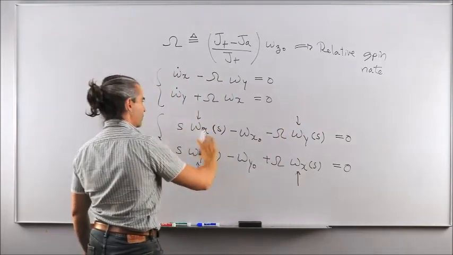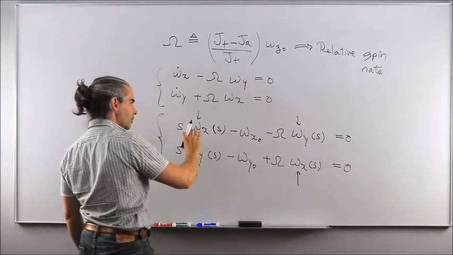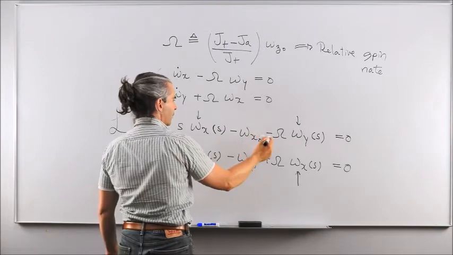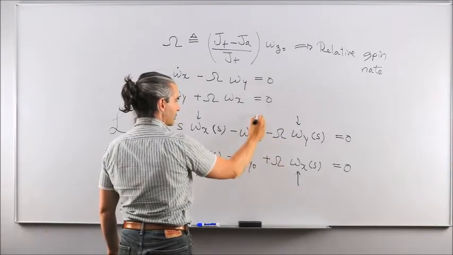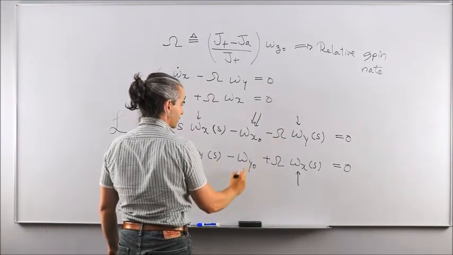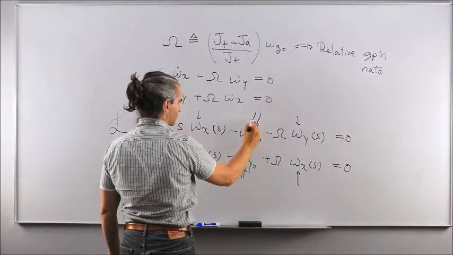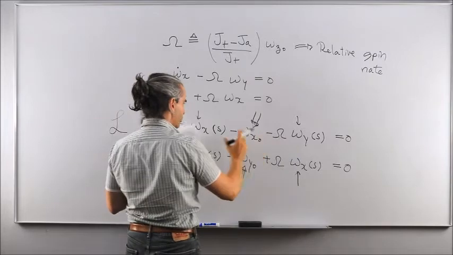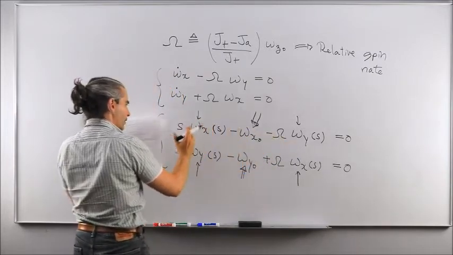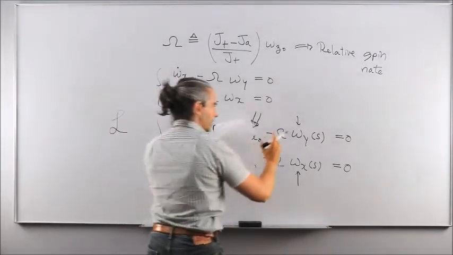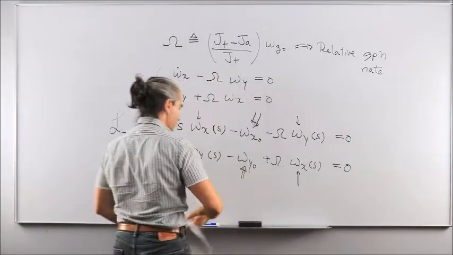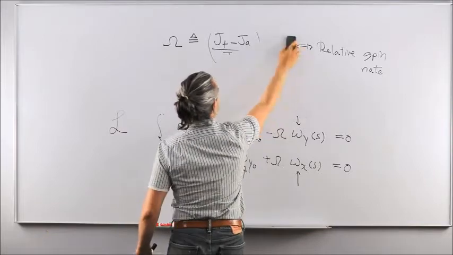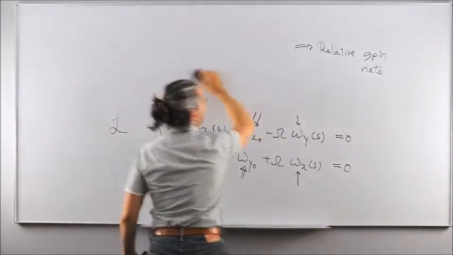So this is what we are going to solve simultaneously, but those are ultimately function of the relative spin rate, obviously, but also function of the initial conditions, right? So to make my life easier, I'm going to separate those two things. So I'm going to put all the dynamical variables on one side and the initial conditions on the other side of these equations, and then group them in a matrix form and see what we do from there.